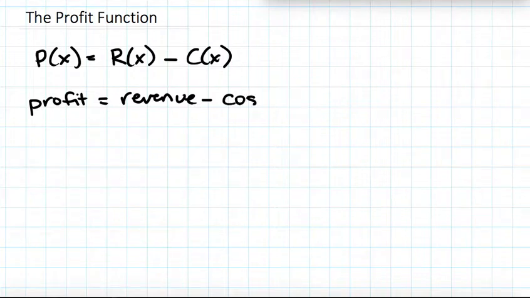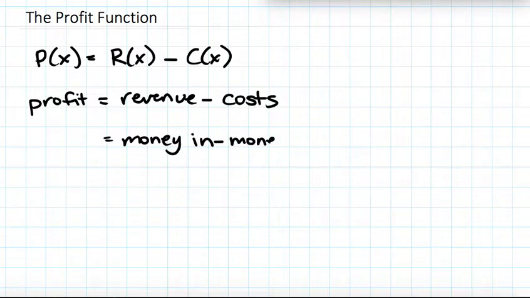So profit equals revenue minus costs, or money in minus money out. And obviously for any business, it's important to make a profit. If you're not making a profit, you're not going to be in business for very long.